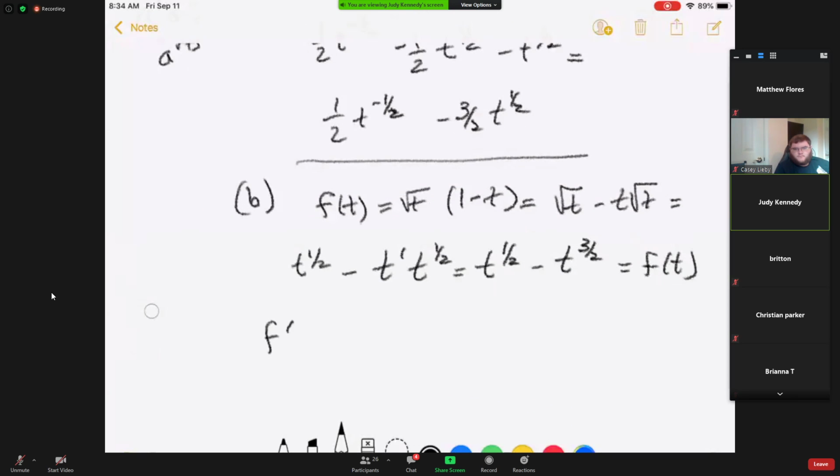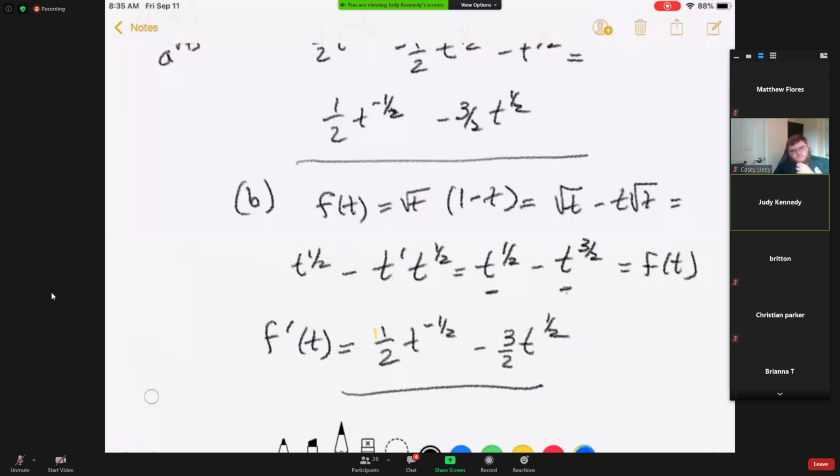And if I write f of t like that, then I can just use the power rule on both pieces. 1/2 t to the minus 1/2. Okay, use some power rule, and then power rule there too. Minus 3/2 t to the 3/2 minus 1 would be plus 1/2.